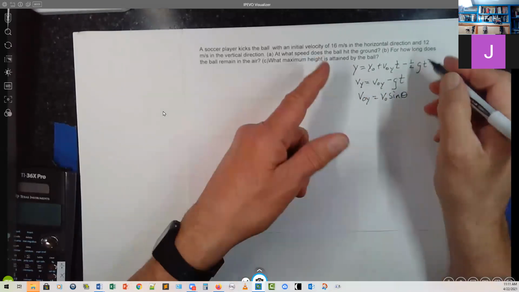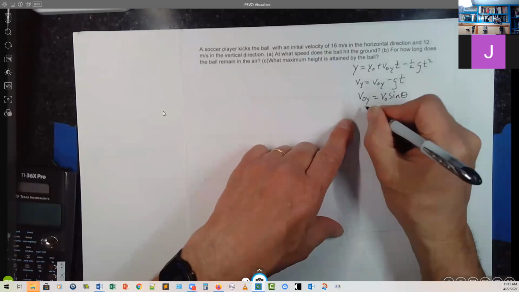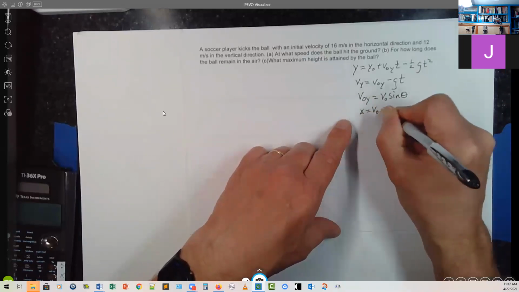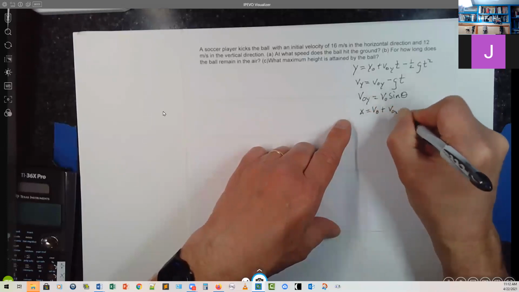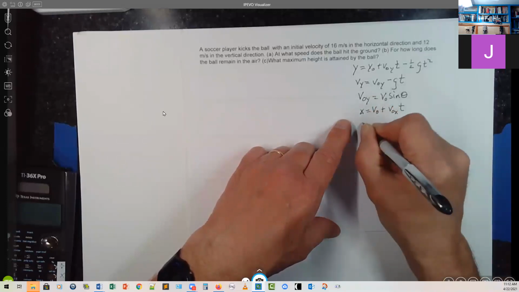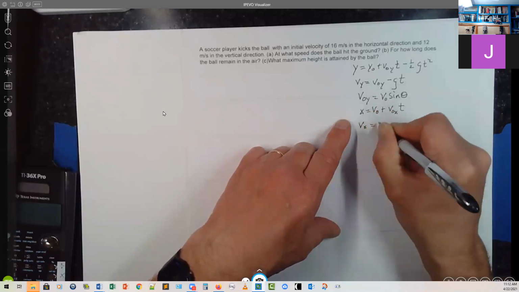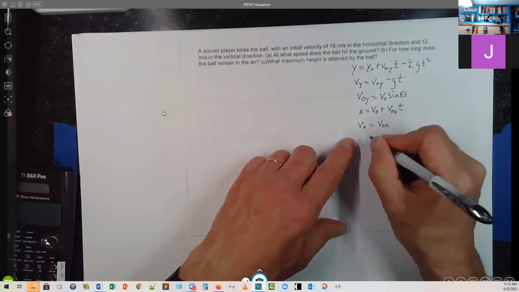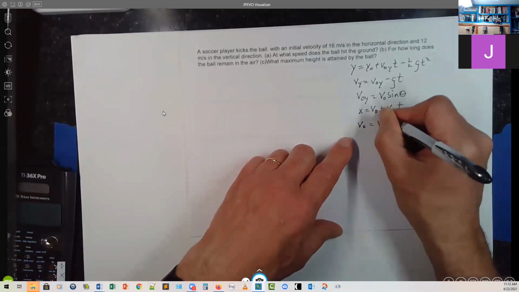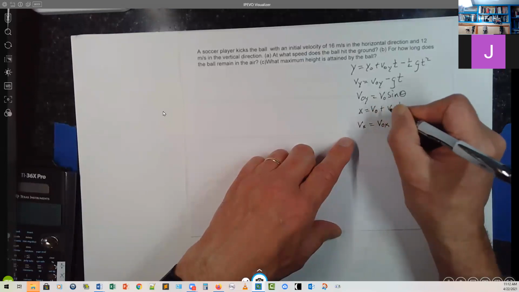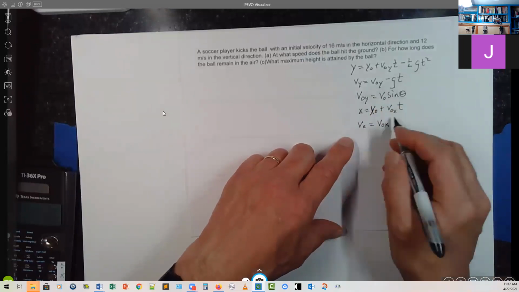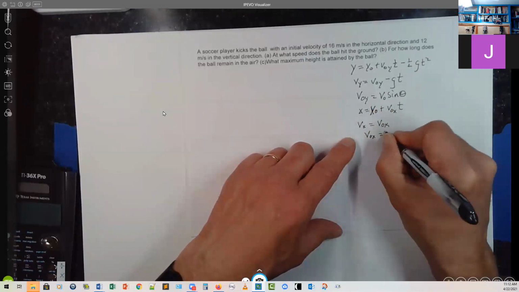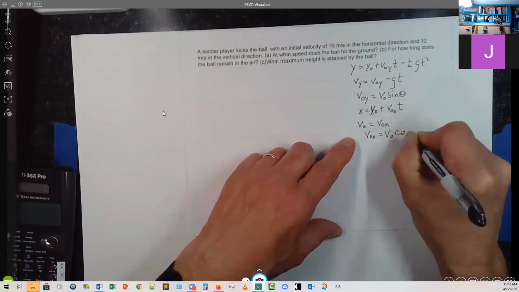So those are my usual y equations. And for x, it's just x equals x naught plus v naught x times t. And v sub x equals v naught x. No change in that one. And v naught x is equal to v naught cosine of theta.